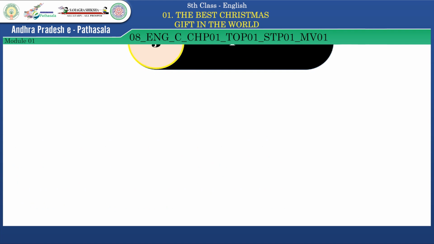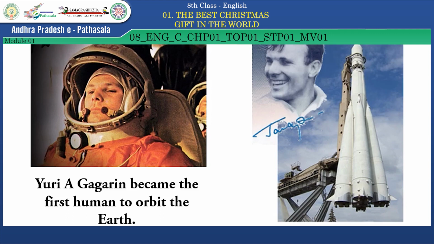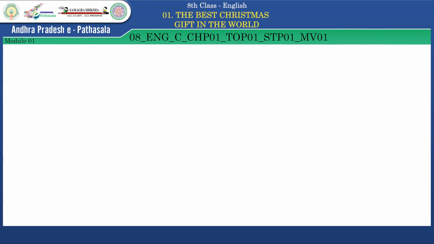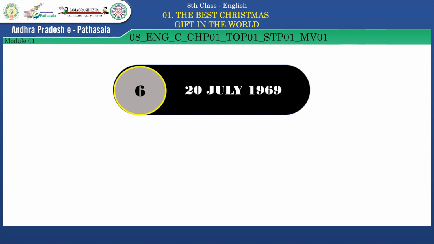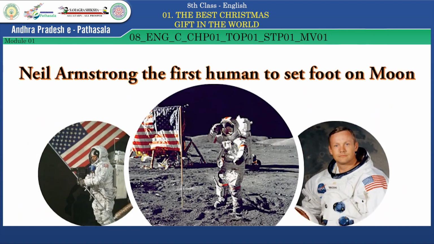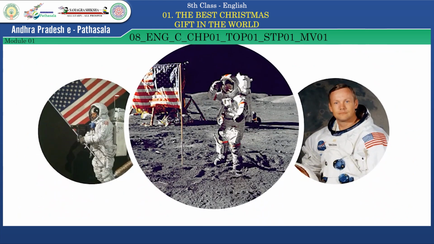Can you guess? Yes, Yuri A. Gagarin became the first human to orbit the Earth. Now the last one, 20th July 1969. Do you know what happened on that day? That was a red letter day in the history of science. Neil Armstrong became the first human to set foot on the moon.